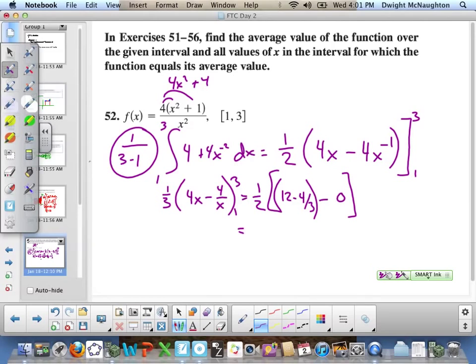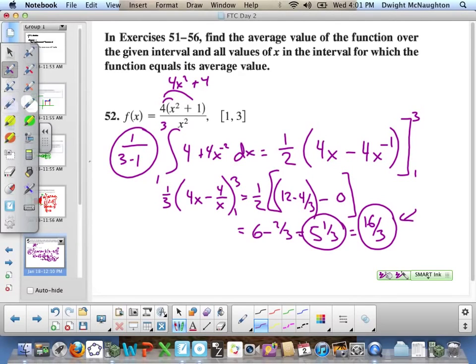And multiply by 1/2. We get 6 minus 1/2 times 4/3, which is 2/3. So we get 5 1/3. The average of that function is 5 1/3. Some people might want to say 16/3. 16/3 might actually be easier for finishing this problem because this is just the average.